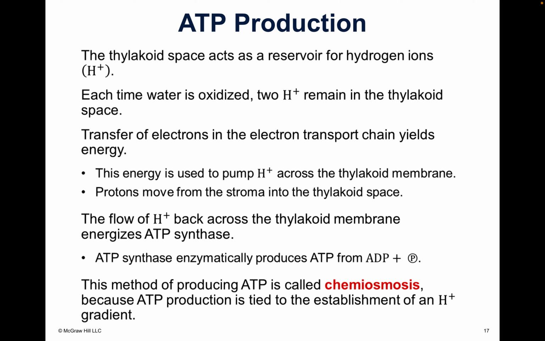You know, all those fancy words, that's what it's saying. ADP produces ATP because hydrogen ions are flowing back across that thylakoid membrane. That's all that's saying. So this method of producing ATP is called chemiosmosis because ATP production is tied in with that hydrogen ion. So without those hydrogen ions, you're not going to be able to produce ATP from ADP.